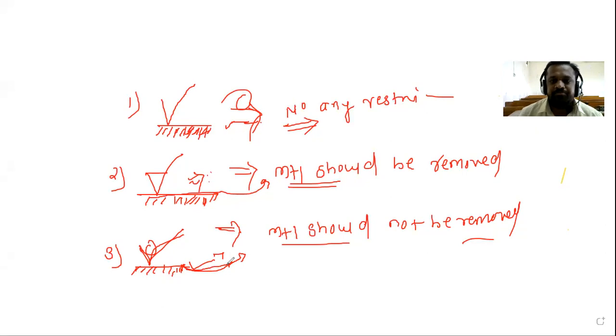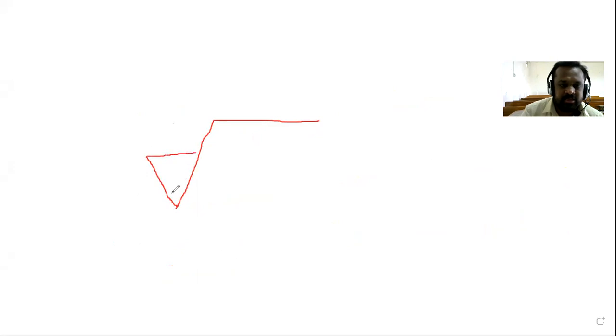Now see, I will review here what is the meaning of the surface roughness symbol. Your surface roughness symbol will be like this. And see, this is the surface.